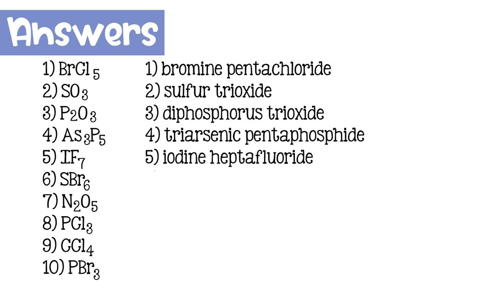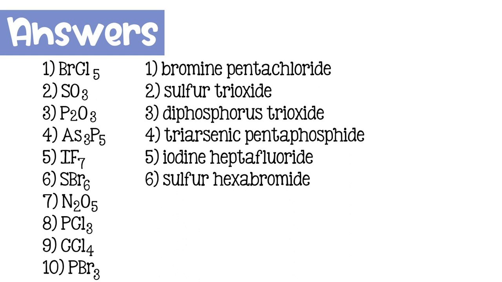Let's look at number 6. We've got sulfur starting off strong. There's no prefix because it's only one. And for the second element, we have Br or bromine, which there are 6 of. So that becomes hexabromide. So sulfur hexabromide is number 6. Look at number 7. We have N2O5.